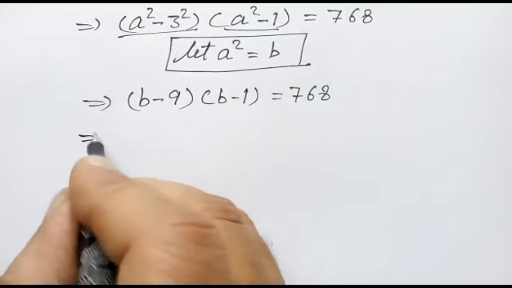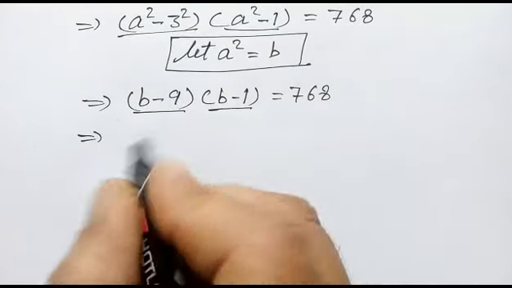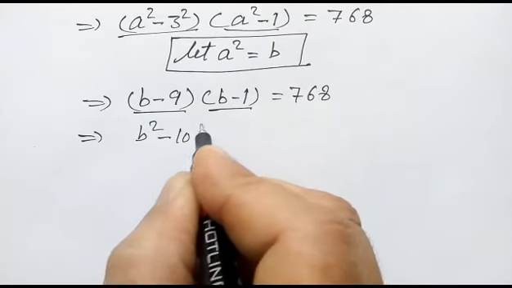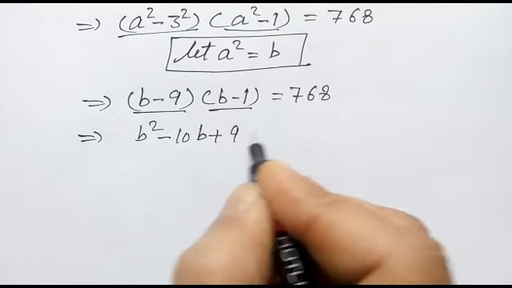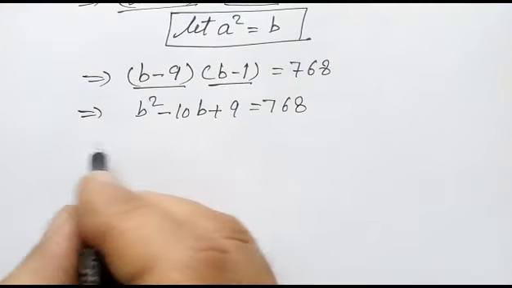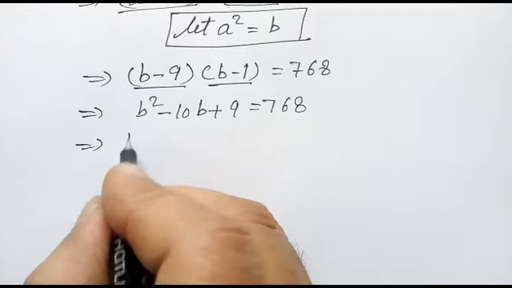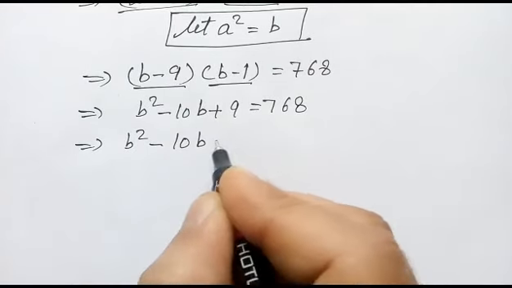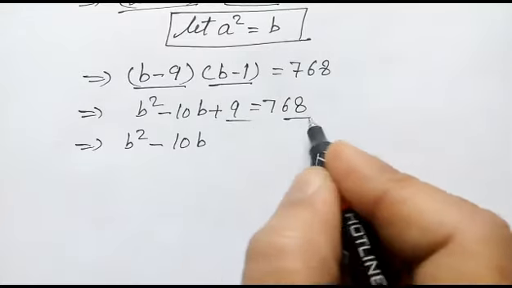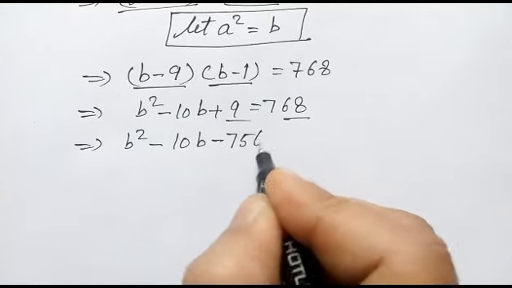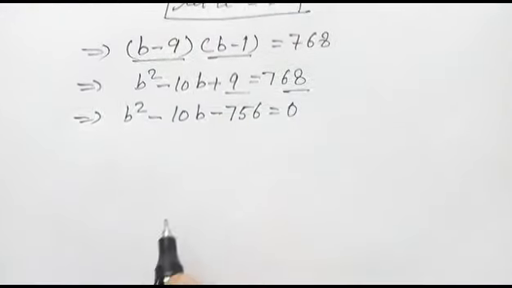Okay, if we multiply this and this, we get b square minus 10b plus 9 is equal to 768. Okay, so b square minus 10b, this and this, minus 759 is equal to 0.